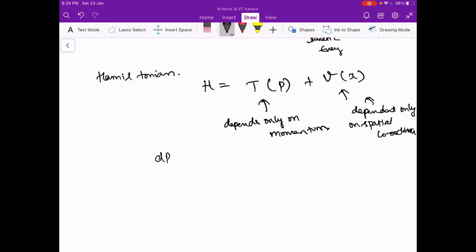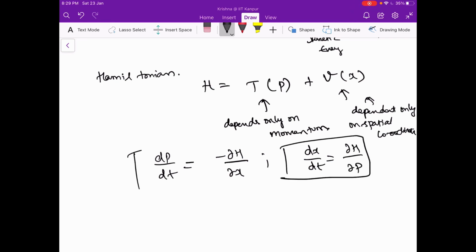The equations of motion for this Hamiltonian, that is how the particle's momentum changes, are dp by dt equals minus dou H by dou x, and dx by dt, the position, is dou H by dou p. These two equations can be used to completely derive the particle's momentum and the position at any time if you know the total energy H. This is slightly different from Newtonian physics where everything is based on force, right?